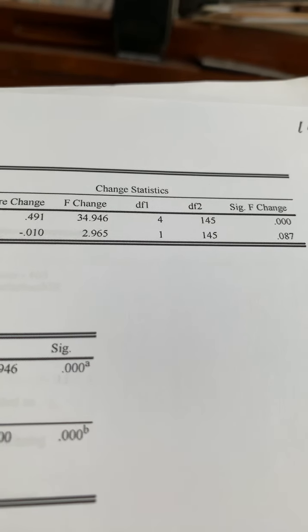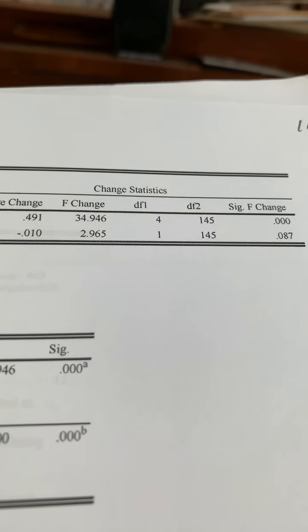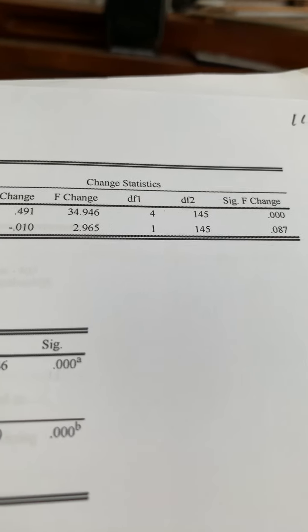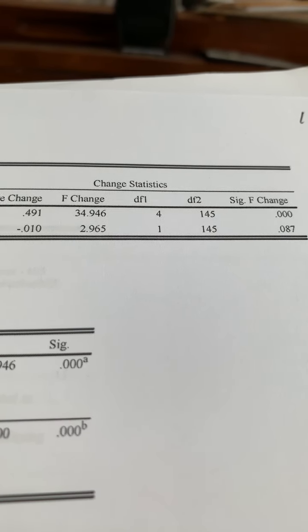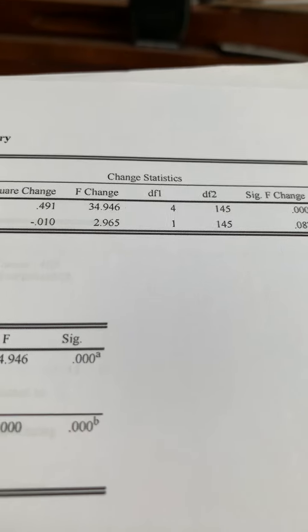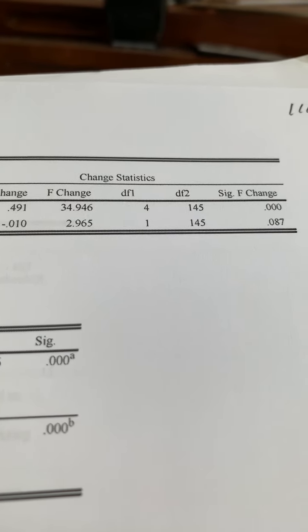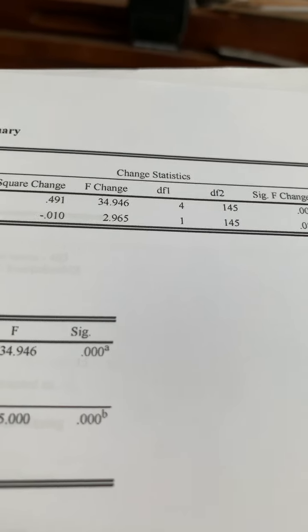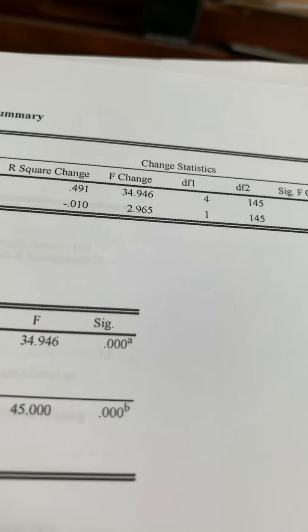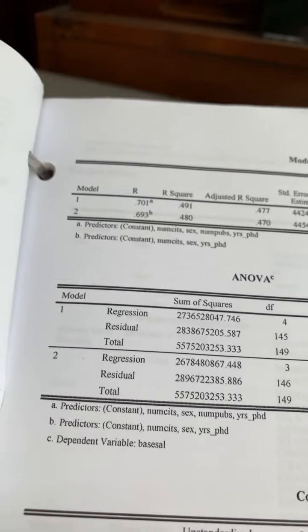And by removing those variables, is that going to be detrimental to the overall model? The answer is no, it's not contributing a significant amount of R square, so we can go ahead and remove it. So that's the idea behind interpreting the R squared change, especially when you get 2 or 3 or 4 models.